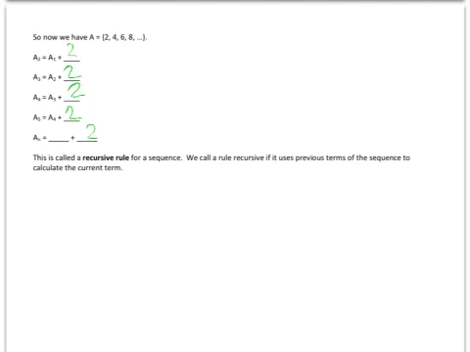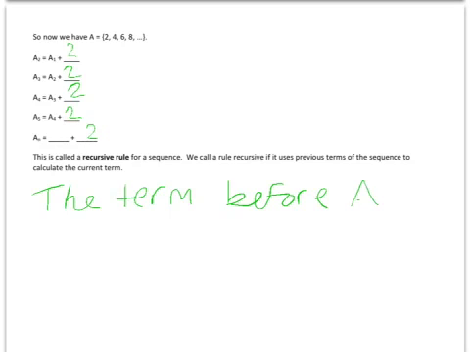So the term before the nth, we need to create some notation to mean that. The term before a sub n, we write as a sub what? Well, it should be 1 before n, right? The term before a5 is a4, and the term before a3 is a2.